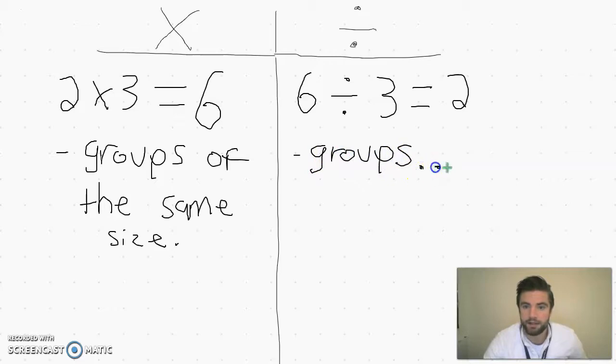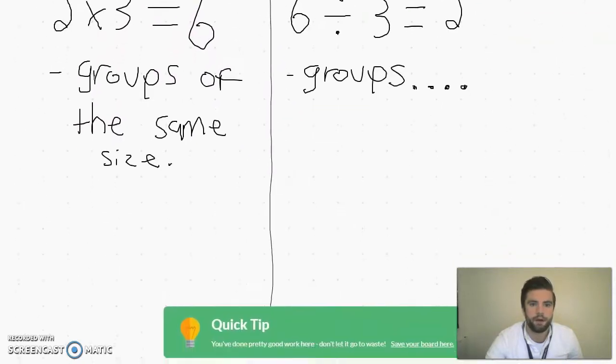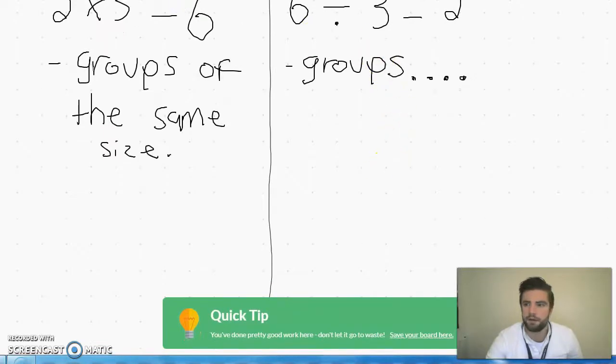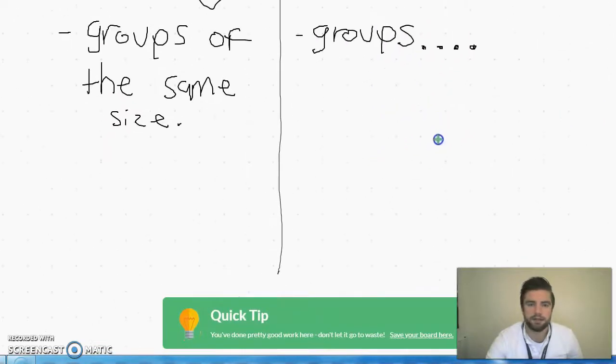And I'm just going to do some dots there to show you that this and this are actually the same between multiplication and division. Let's move it down a little bit. I'll move ourselves down so that we can see this a little bit better.